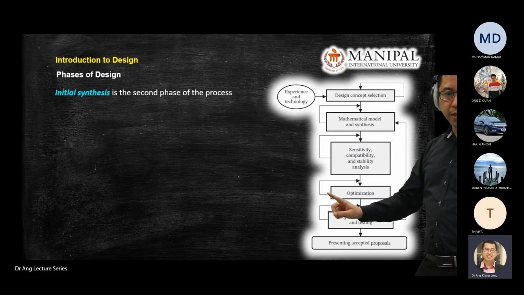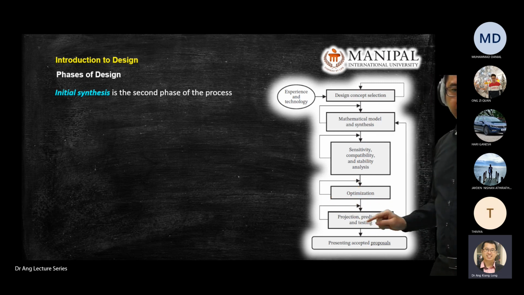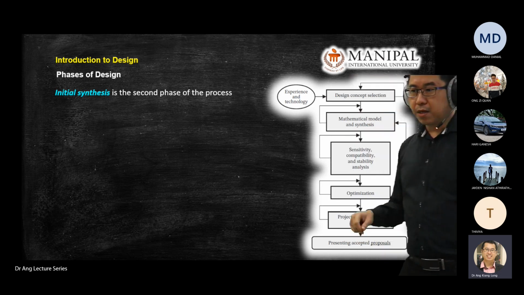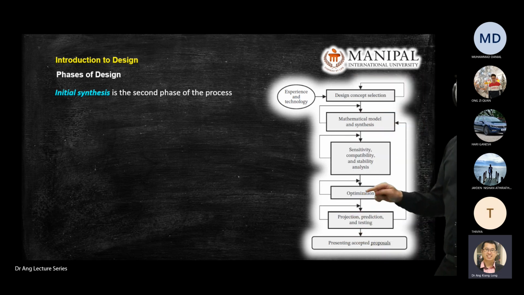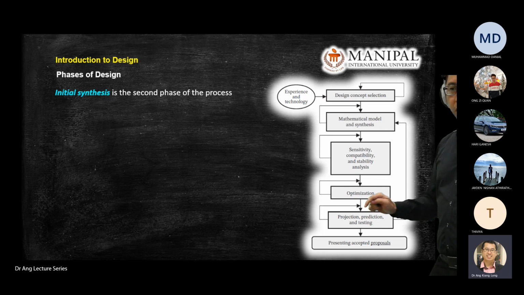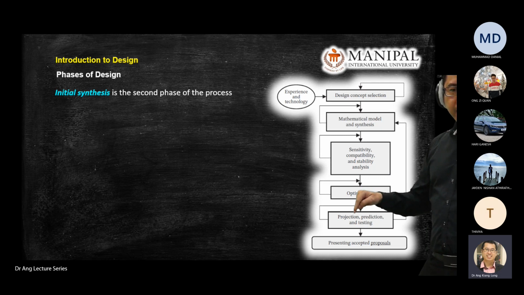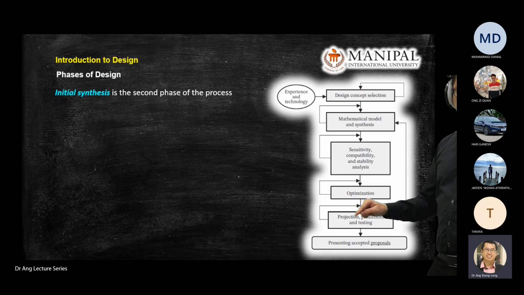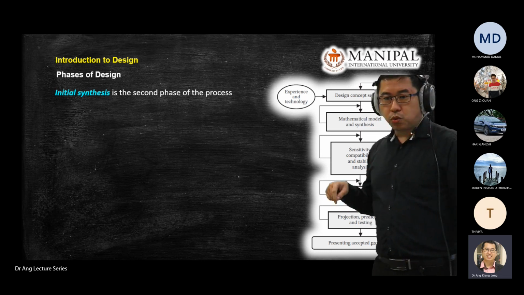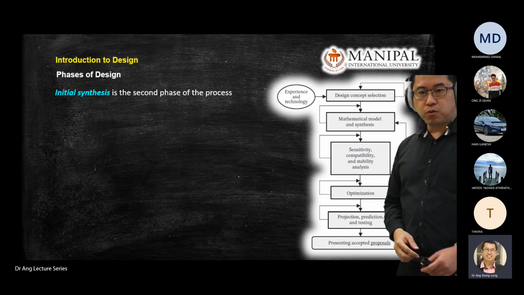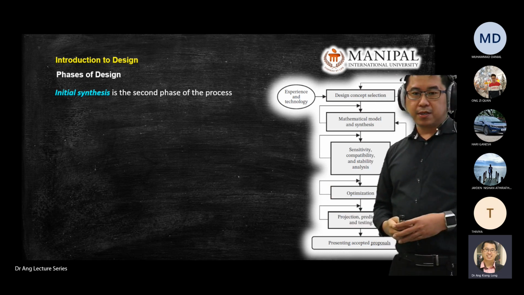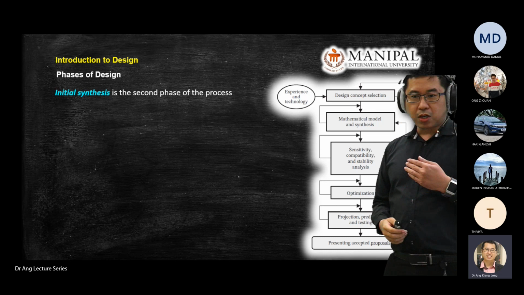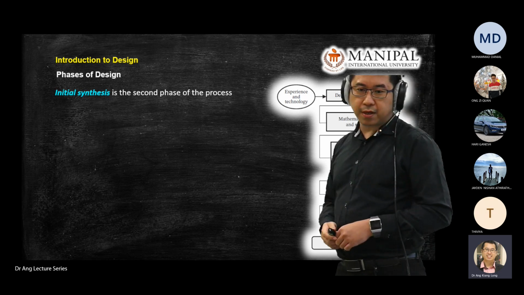So there will be a return loop here, and then you continue with the modeling. If the modeling is not good, you continue back to the optimization process until you get the result you want, and then you present the proposal to the board of the company so that you can continue with the prototype plan.